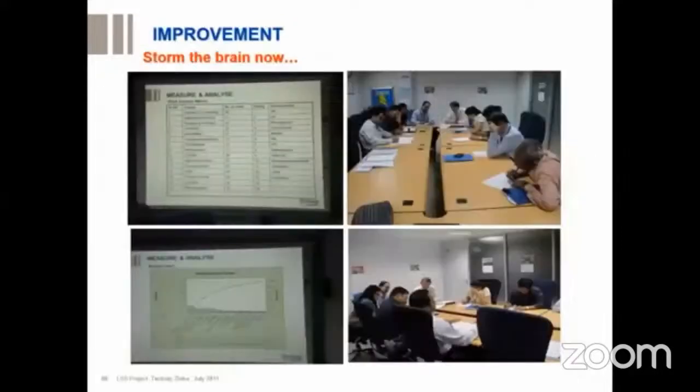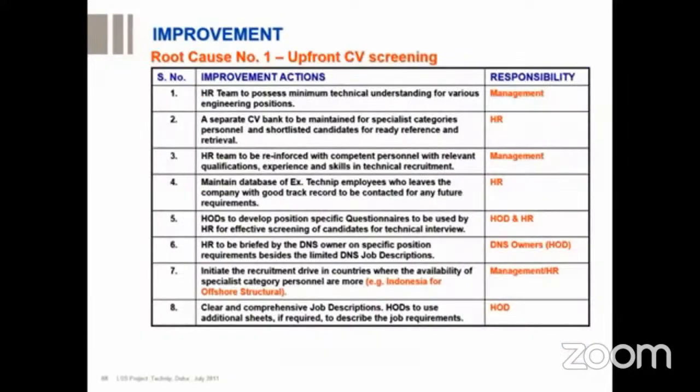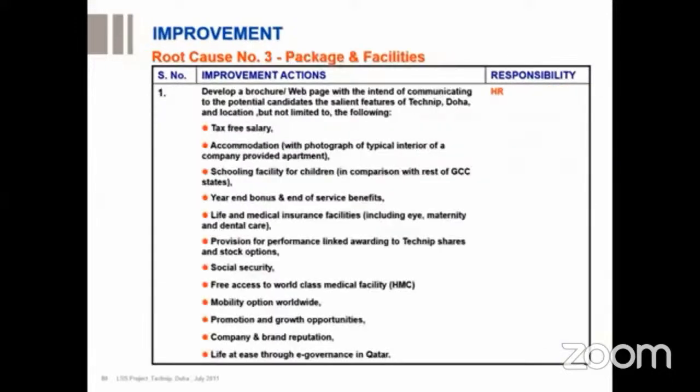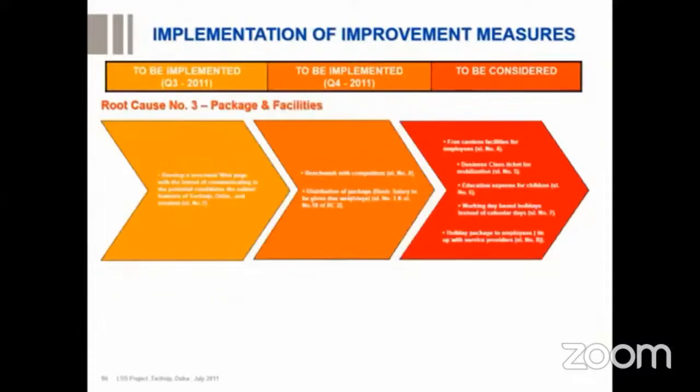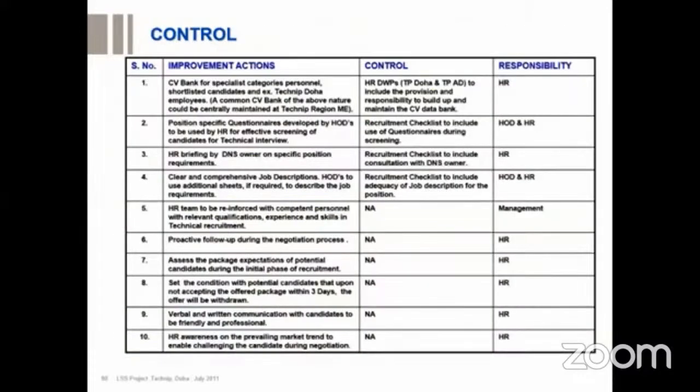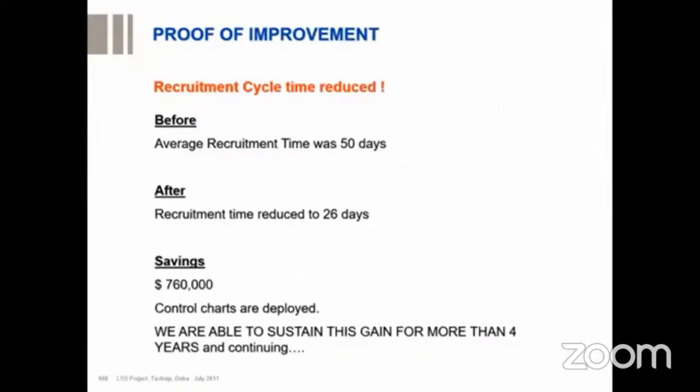With FMEA, for each root cause, we have done implementation of improvements. We got some good ideas, implemented them, and were able to reduce the recruitment cycle time and put control actions in place. Earlier the recruitment time was 50 days and it reduced to 25 days.